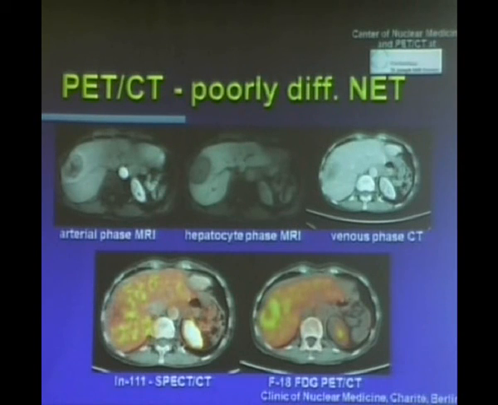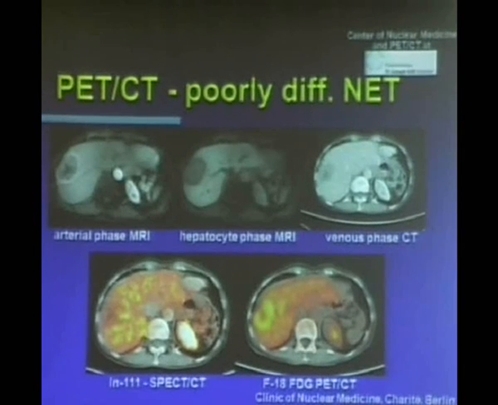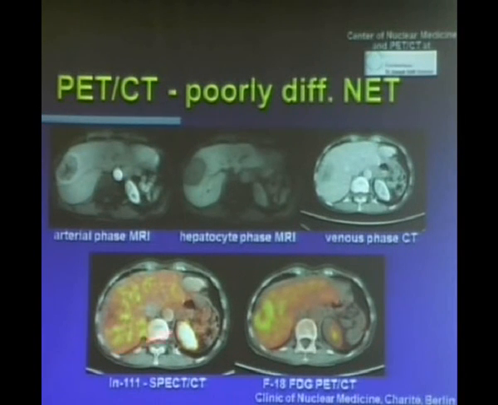This is a patient with a liver metastasis of a neuroendocrine tumor, and we performed the indium-111 SPECT CT. You can see there's no specific uptake, so no somatostatin receptor positivity. Afterwards we performed the FDG scan.